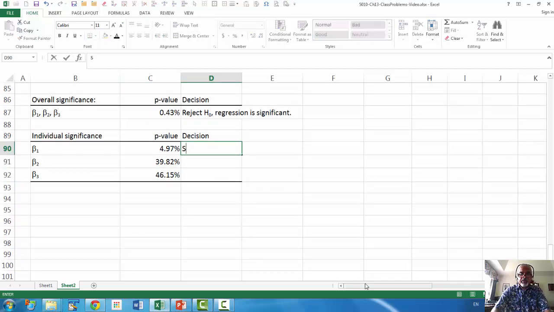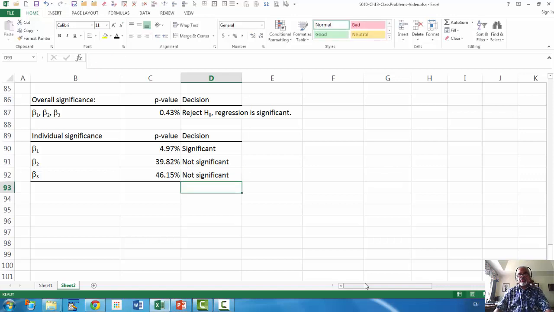Then we can see that the first one is significant, but the dummy variable and the interaction term are not significant.